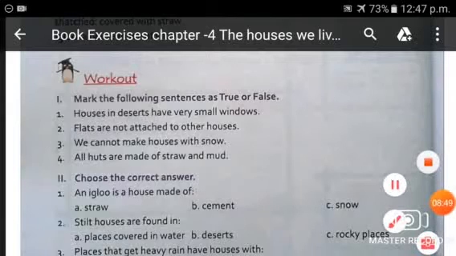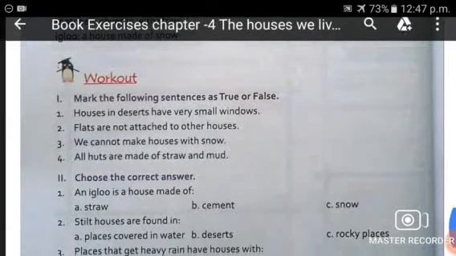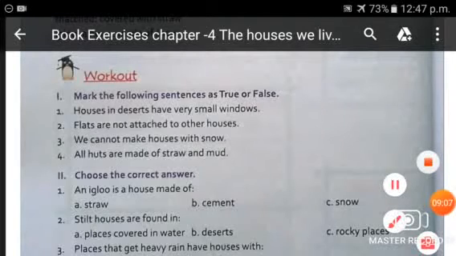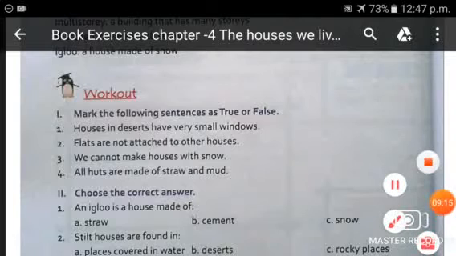When I was explaining this chapter, I told you that in desert areas where the water level is very low and the climate is very hot, the houses are made with mud. The people build their houses with mud, and they have very small windows. So is it right? Yes, it's a true statement.